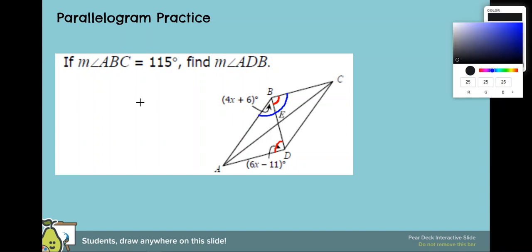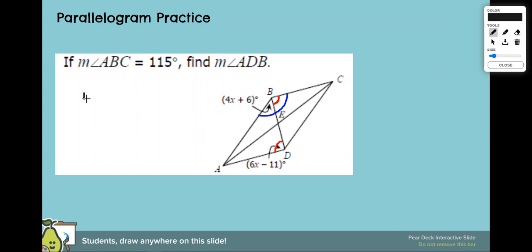So I can relate these two to each other by saying 4x plus 6 plus our second angle of 6x minus 11 has to be equal to the total angle measure of 115. This you can put into Desmos in order to solve for x.